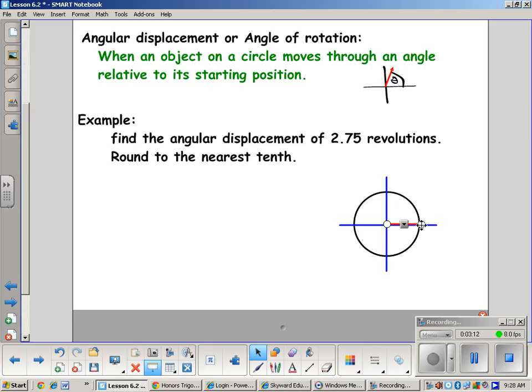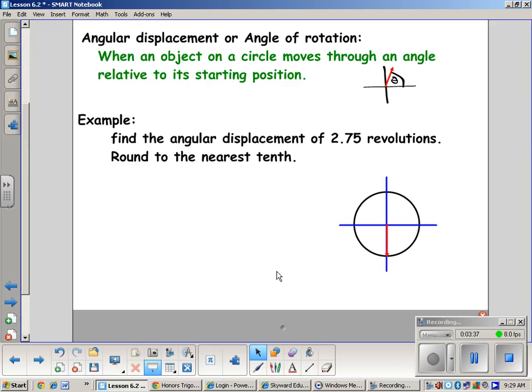So in this question, we're saying find the angular displacement of 2.75 revolutions, round to the nearest tenth. If I take this line and rotate it all the way around, that's 1. Go around again, that's 2. And 1/4, 2/4, 3/4. So that's where I would end up.